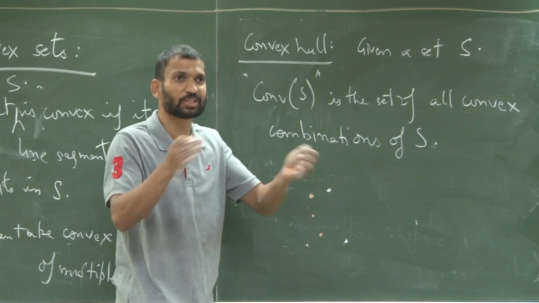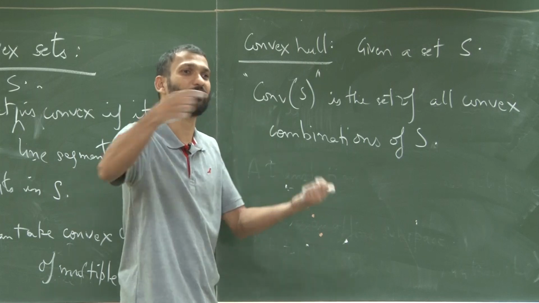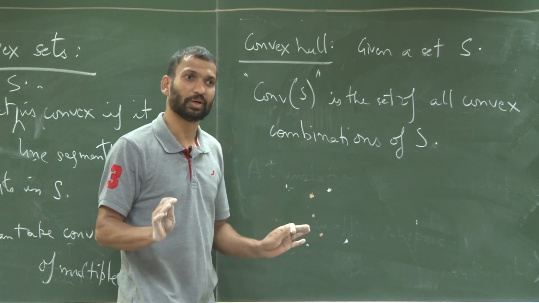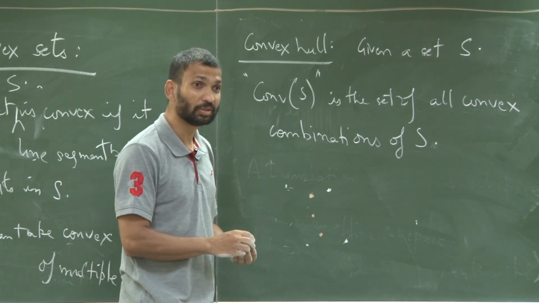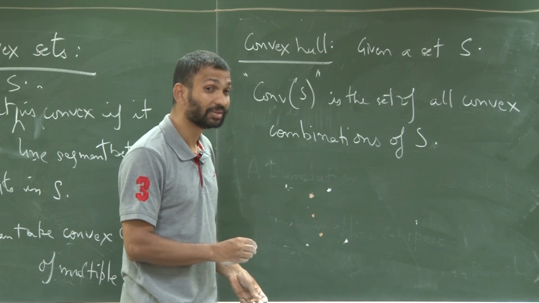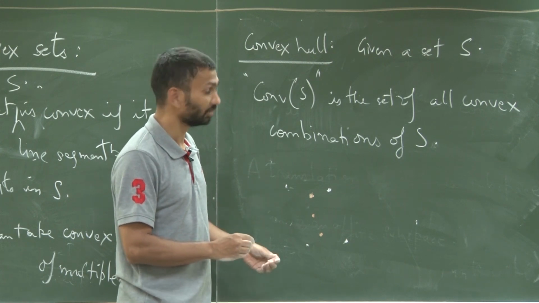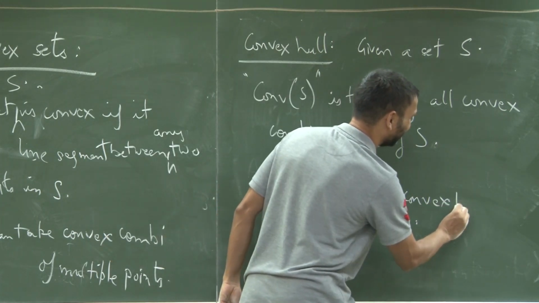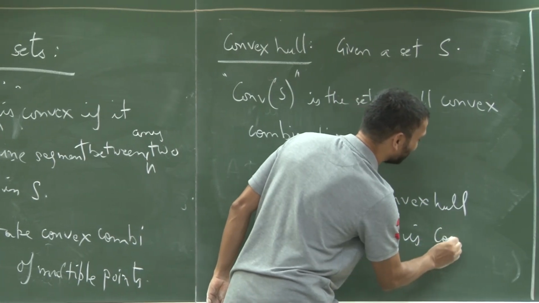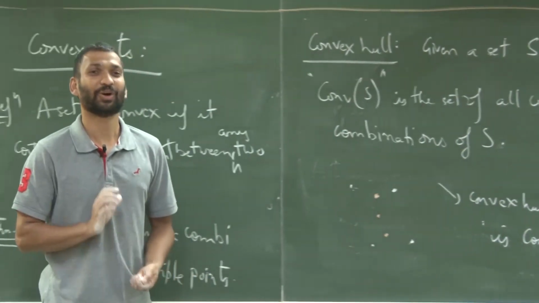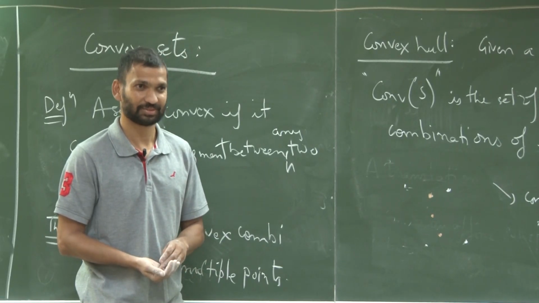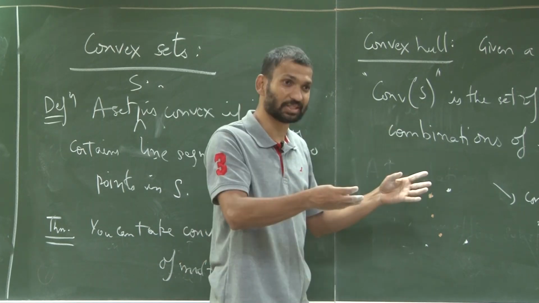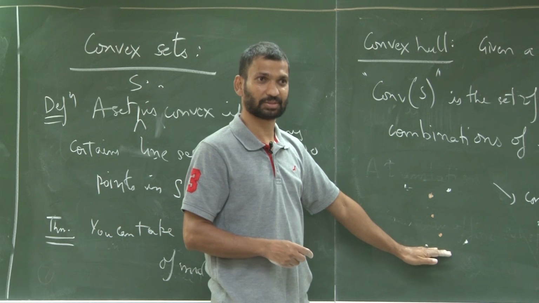You have 2 sets of coefficients, each of which you multiply by, let's say, half and half, or 1 by 3, 2 by 3; still they will remain positive, and they will sum up to 1. What does this prove? Convex hull is convex. Too many convex things, but yes, the convex hull is convex. Even though I just took the convex combination of S, these are going to be vertices, but this is fine.